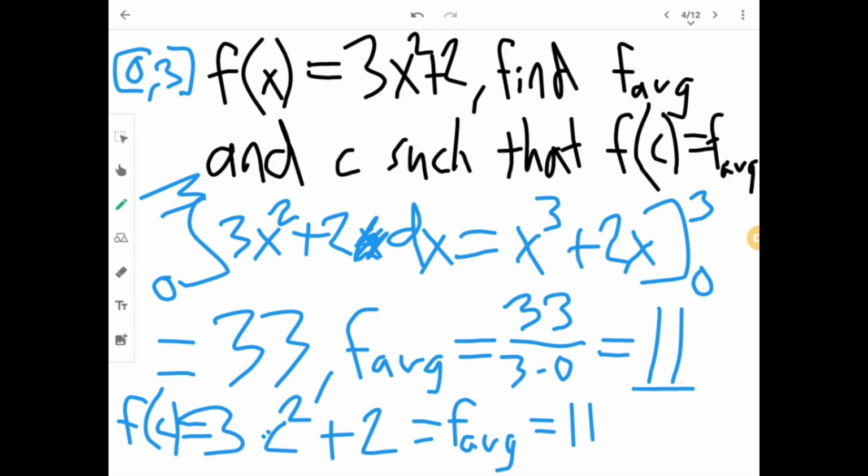So 3c squared plus 2 equals 11, and then you end up with c equaling plus or minus the root of 11 minus 2, which is 9, divided by 3, so plus or minus root 3. But notice that they said c is a value in between the interval, so between 0 and 3. So it's not negative, and it's simply plus root 3, and that is the value of c.